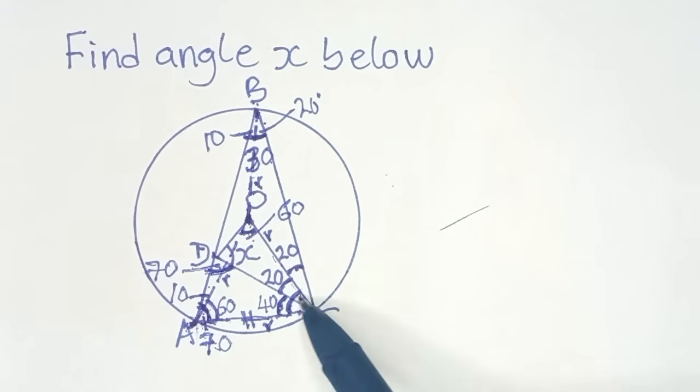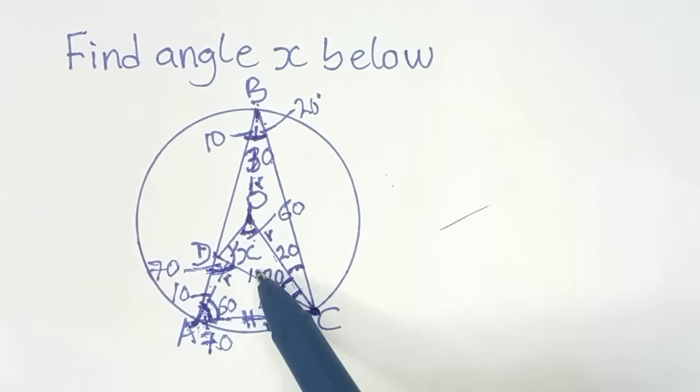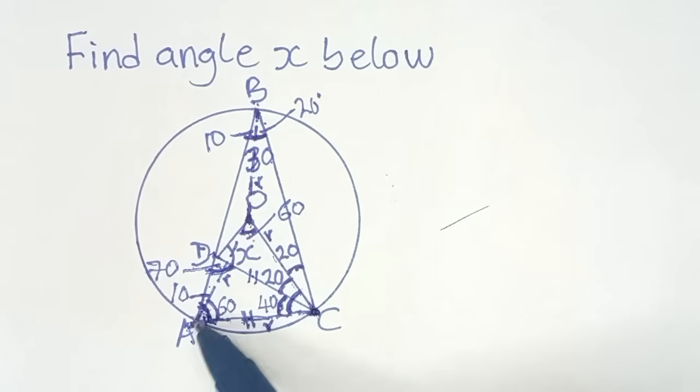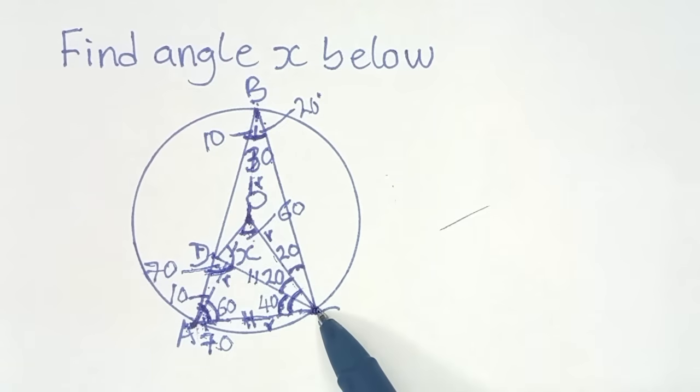And in an isosceles triangle, the two sides are equal when the base angles are the same. So it tells us that this radius line is also equal to this radius line. So these two sides are equal. That is why this triangle ADC is an isosceles triangle. So this line AC is equal to the line DC.